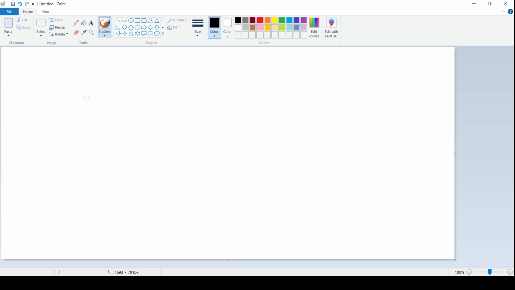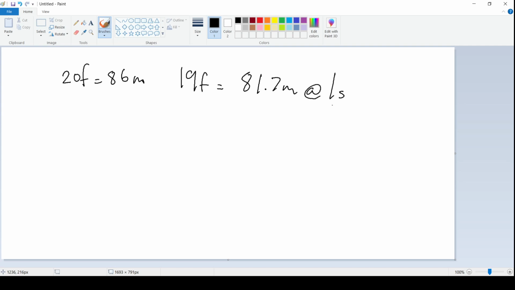Alright, so, let's just use proper logic this time, okay? So, 20th floor, right? That is 86 meters. So, at the 19th floor, which will equal minus 4.3 meters, that will be 81.7 meters at 1 second.